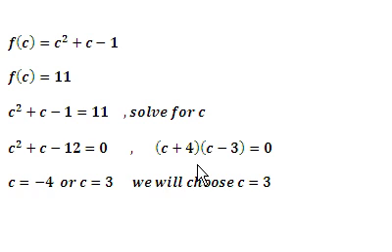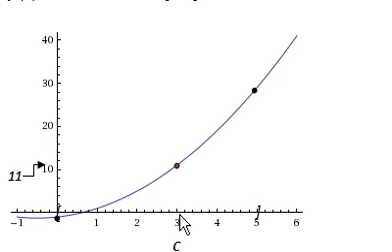And I just factored it. And we get c is equal to -4, c is equal to 3. Now, we're going to choose c is equal to 3 because 3 is in our interval between 0 and 5. So there it is. Right, so c is equal to 3 right here.